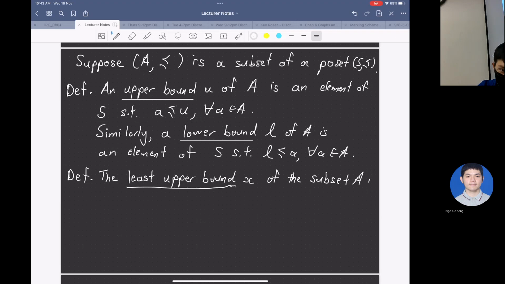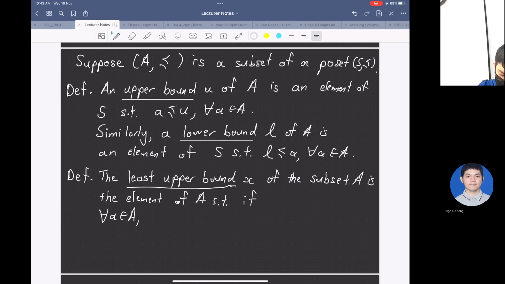First, you need to be an upper bound. It's the element x such that for every a in your set, a is less than or equal to x, and x is less than or equal to all other upper bounds. So this is the least upper bound.